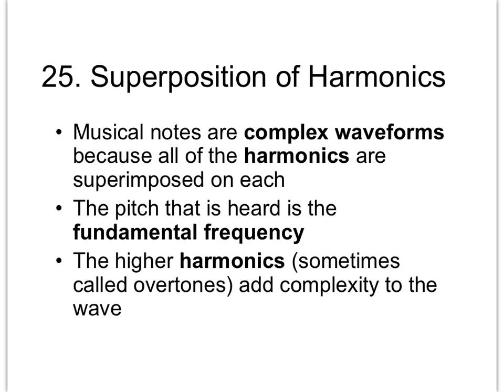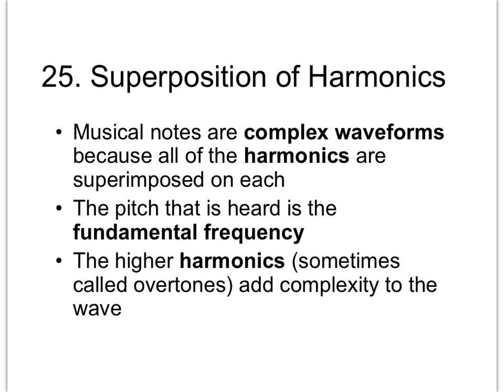As I was saying before, any musical note is a complex waveform because it's really the superposition of multiple different harmonics. So they all combine. In this case, it's not constructive or destructive interference. It simply combines to create a more complex wave. That's what gives music and instruments some of the richness in the sound they produce.